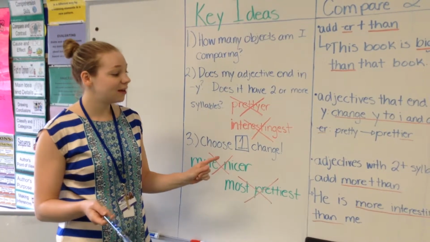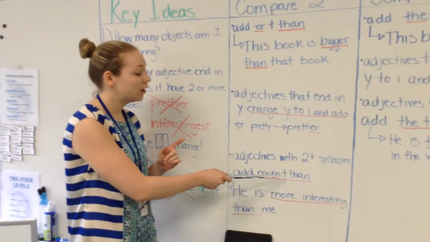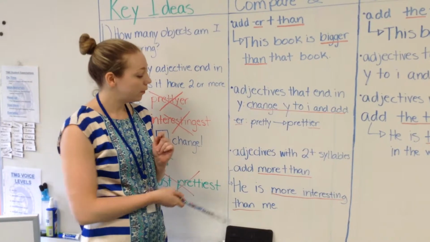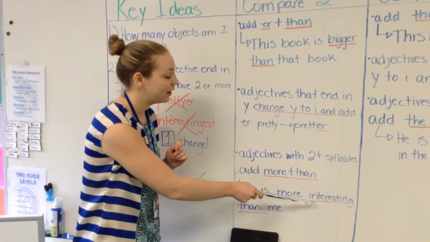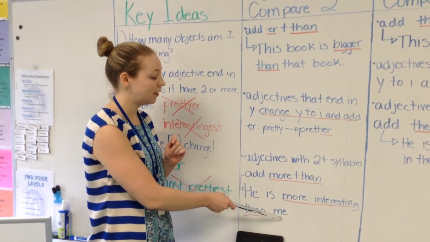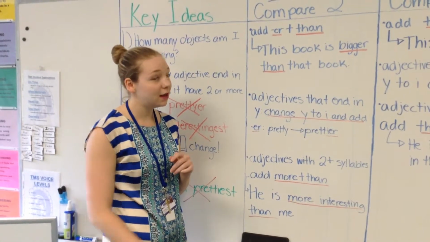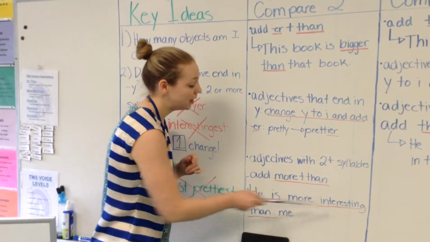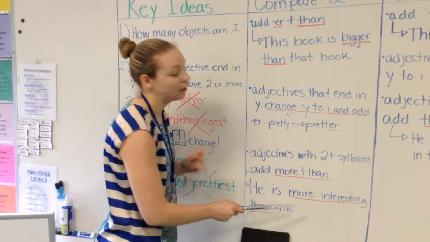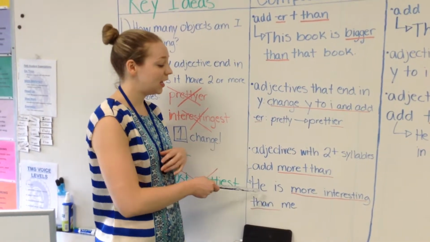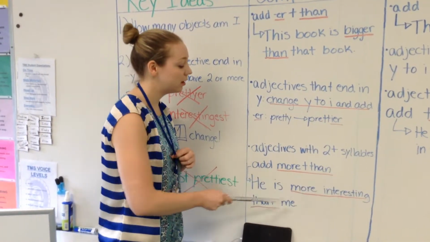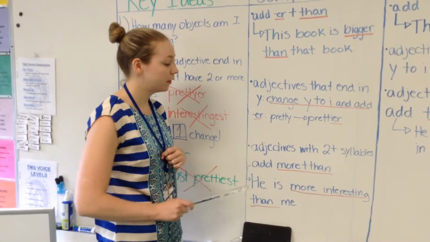So instead, we add more than. He is more interesting than me. So we do not say he is interestinger than me. Nope. We say he is more interesting than me.